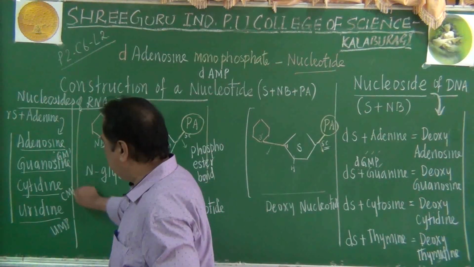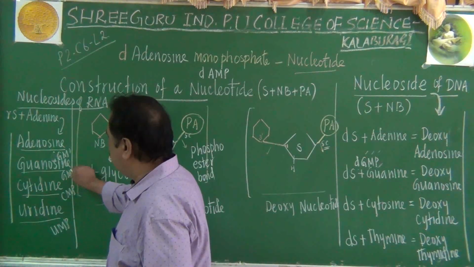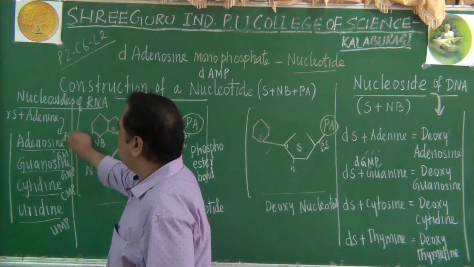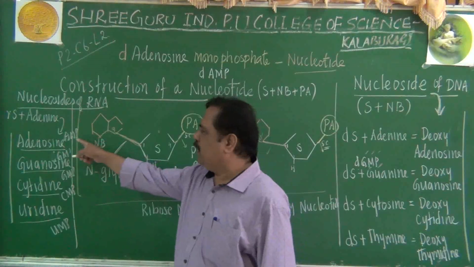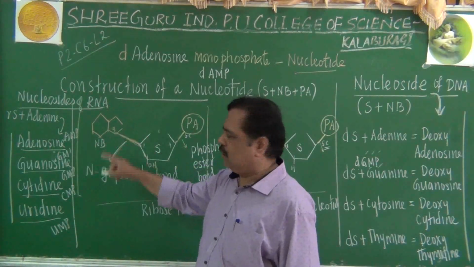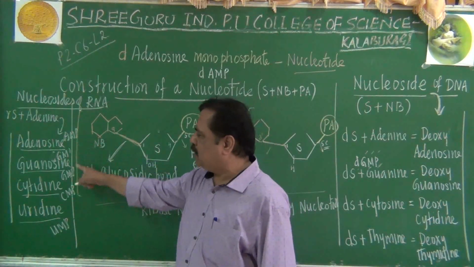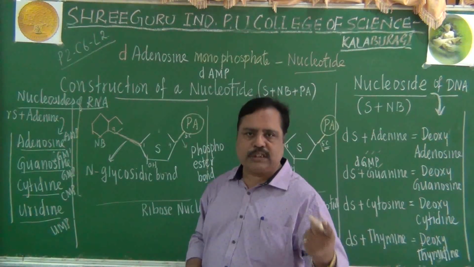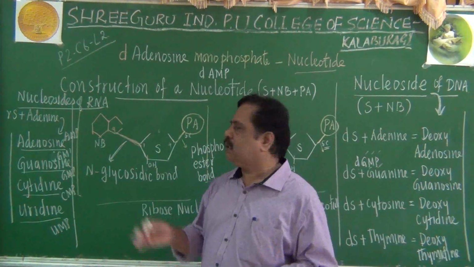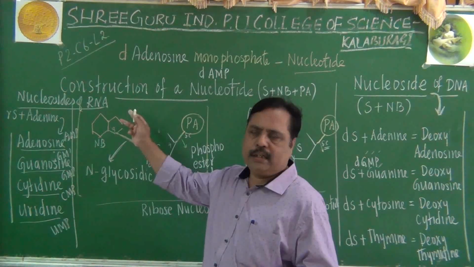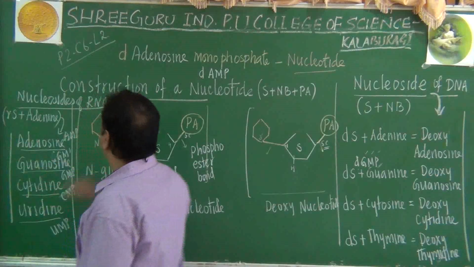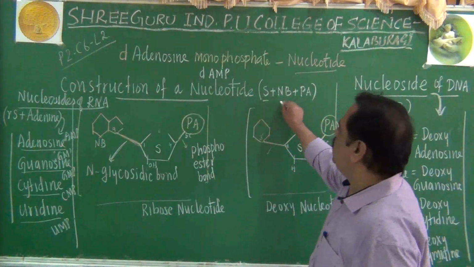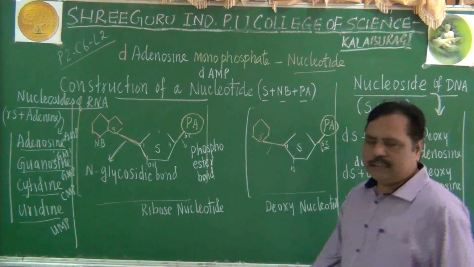CMP, cytidine monophosphate, GMP, guanosine monophosphate, AMP, adenosine monophosphate. They are all nucleotides. Only when I don't write phosphate, it becomes a nucleoside. Do you get the difference between nucleoside and nucleotide? Nucleoside means sugar plus base. Nucleotide means sugar, base and phosphoric acid.